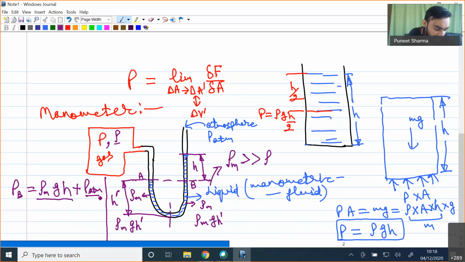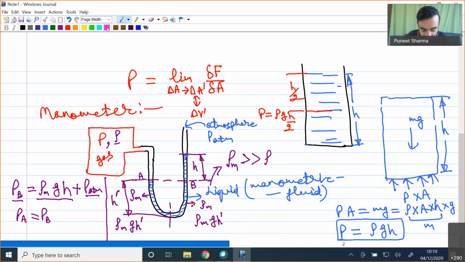Finally, we find that the pressure at point B is P atm plus rho m g h. Now, as I have told you, below this reference line, on both ends of the tube, we have the same height h dash, so that pressure will cancel out. So I can simply say that the pressure at point A is exactly equal to the pressure at point B. This is another condition: pressure at point A is exactly equal to pressure at point B.